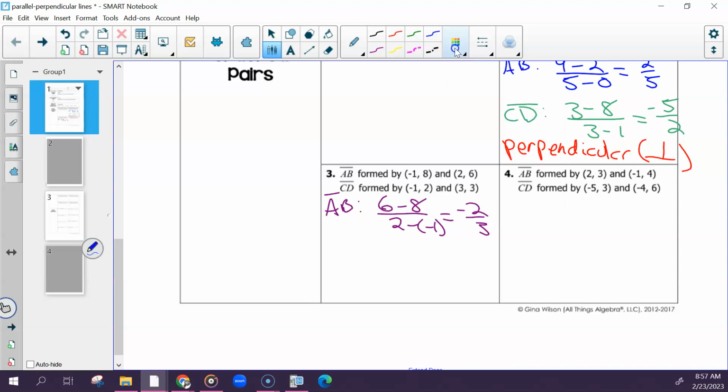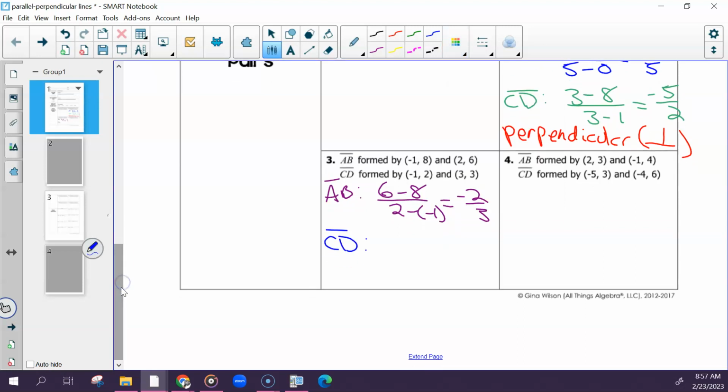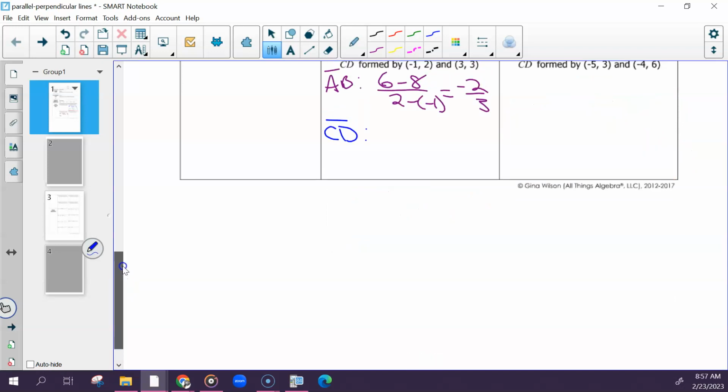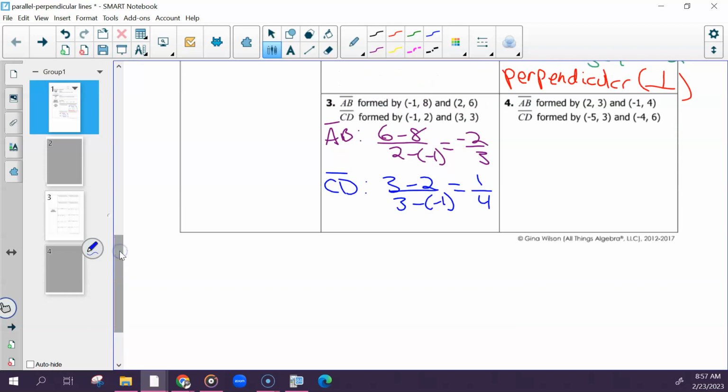Then find your CD slope, which is 3 minus 2 over 3 minus negative 1. What would that slope be? Positive 1/4. Are these parallel, perpendicular, or neither?